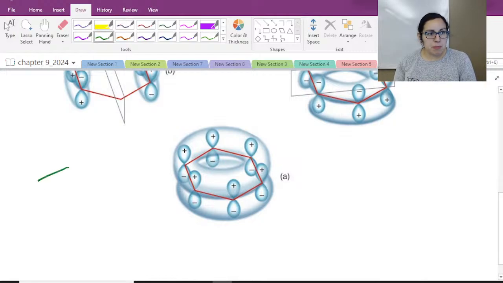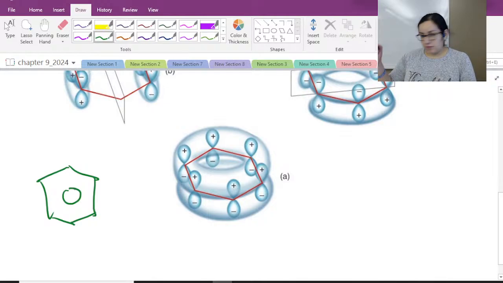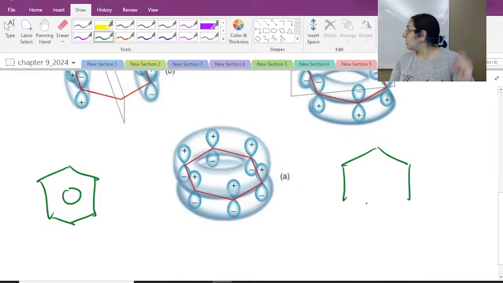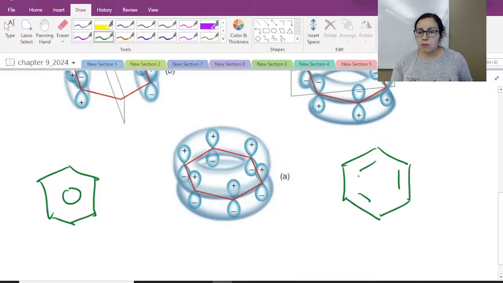So does everybody remember what benzene looks like? Yeah, so the ones with the double bonds, so we draw it like this, kind of abbreviated. And we could also, of course, draw it where the double bonds are like this, but like we said, we could rotate the double bonds.